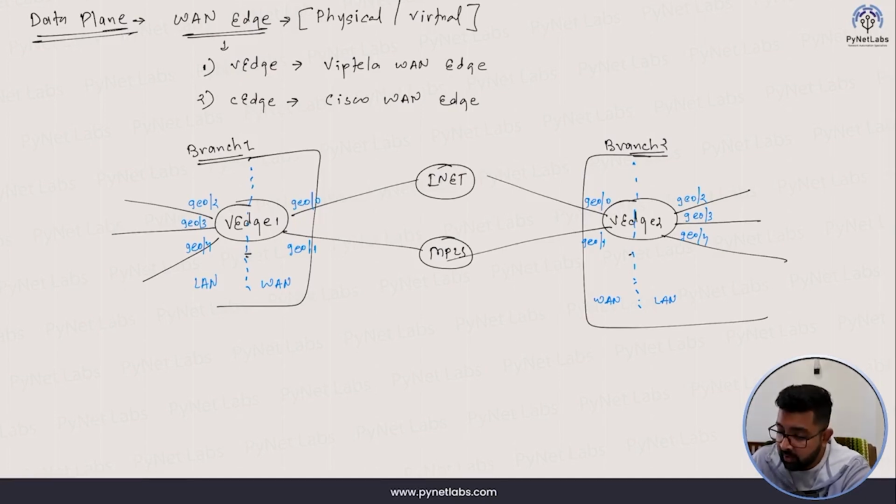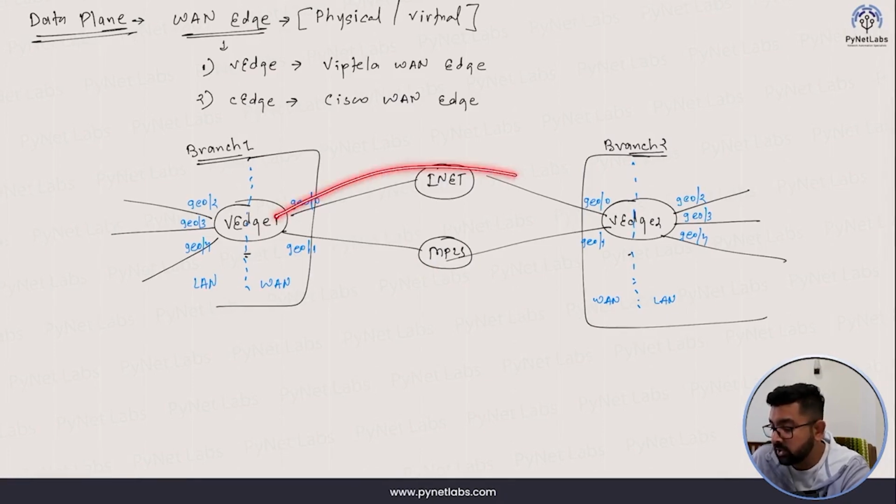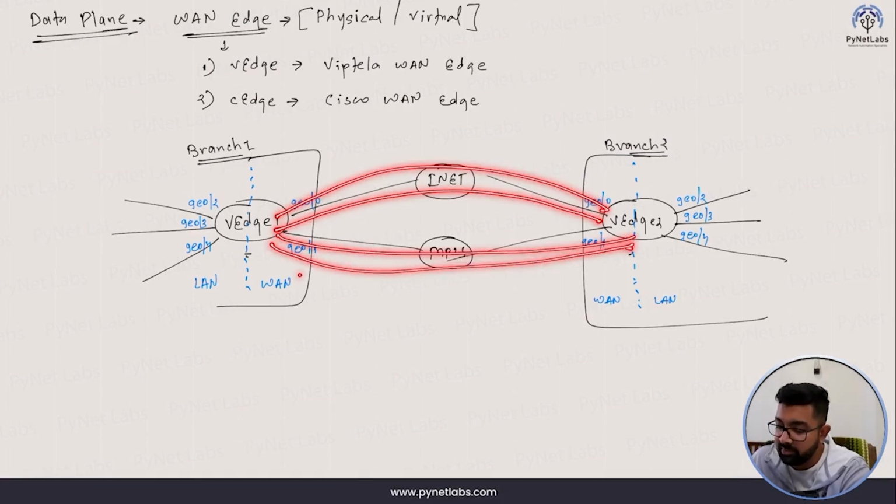So when your WAN edges have created the overlay tunnels with each other by using either of the transports, if you have a dual transport connectivity, more likely your WAN edge one is going to create a tunnel from here and here and also from here and here. So there will be two IPsec tunnels between two WAN edges.